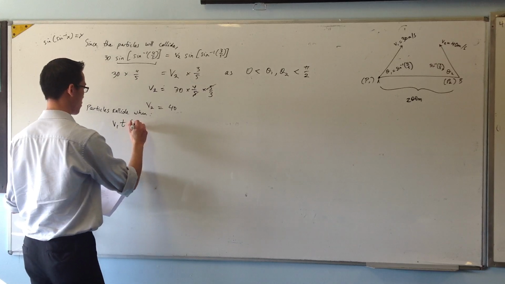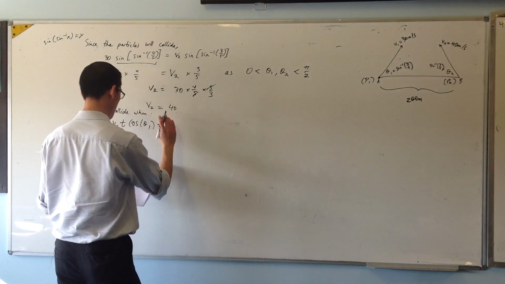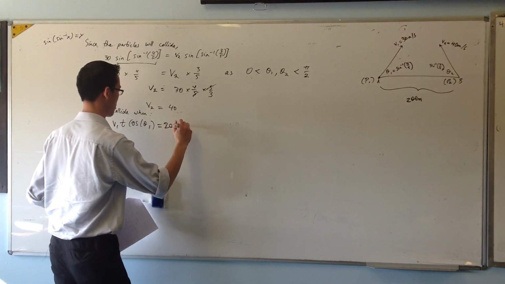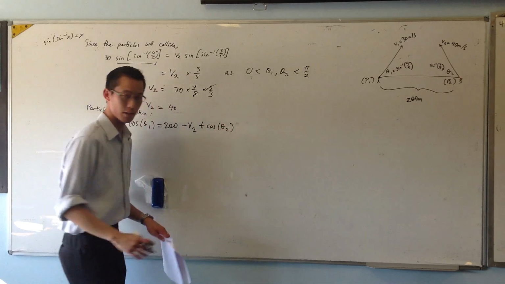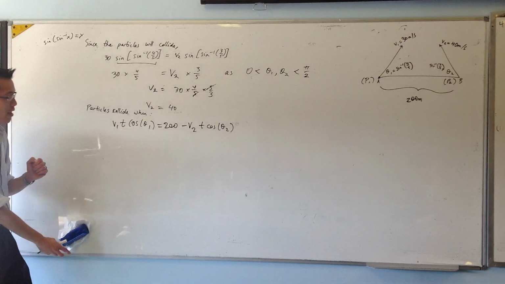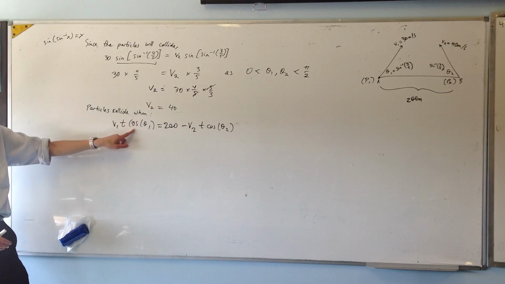V1t. Okay, so you can see now where my AB has come in. Here it is. And now the rest of it is just subbing stuff out. Now you have to be careful because of this cosine here.